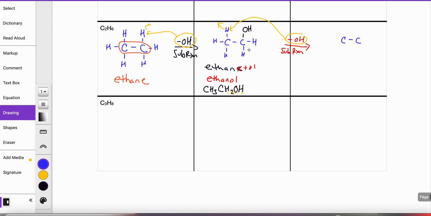Carbon 1, it still has its 2 hydrogens. The other carbon still has its 2 original hydrogens. This carbon now has its newly attached hydroxide, and the other carbon still has the first substitution present on there.